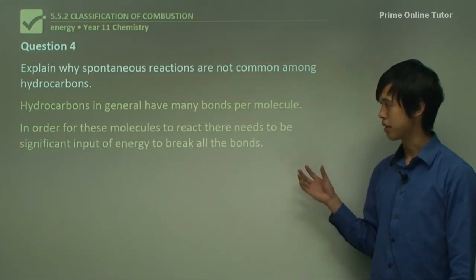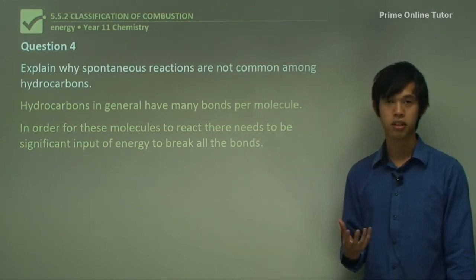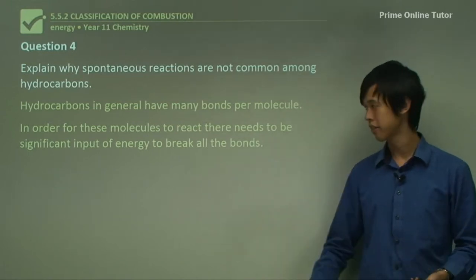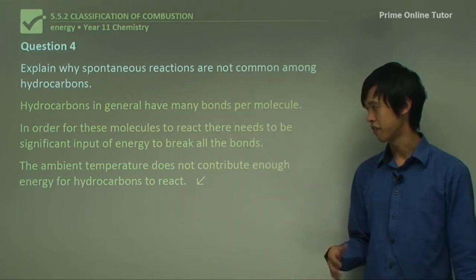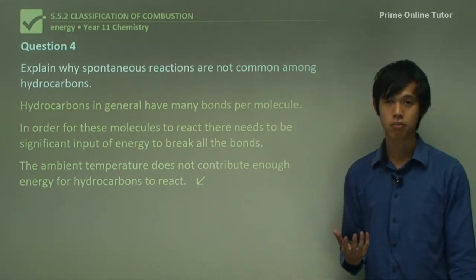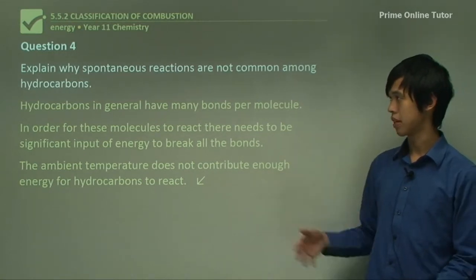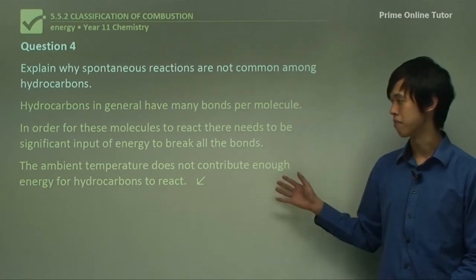So in order for these molecules to react, there needs to be significant input of energy to break all the bonds. Often the ambient temperature doesn't provide enough energy for these hydrocarbons to react because it can't break all of those bonds. So that's why hydrocarbons rarely undergo spontaneous combustion. It's very, very unlikely.